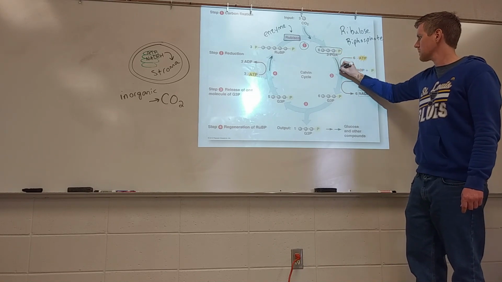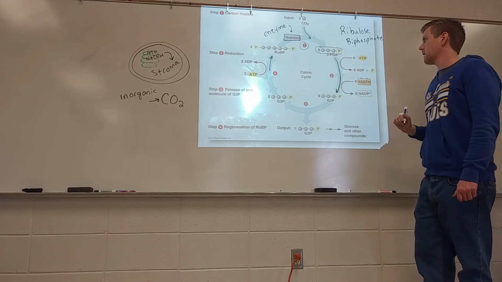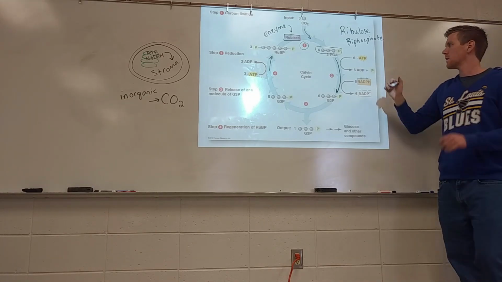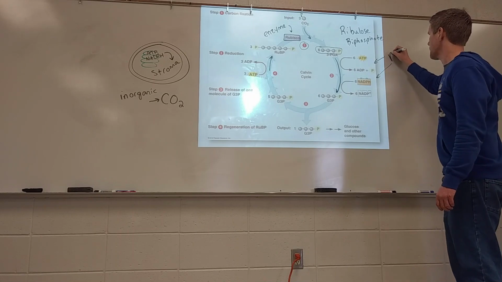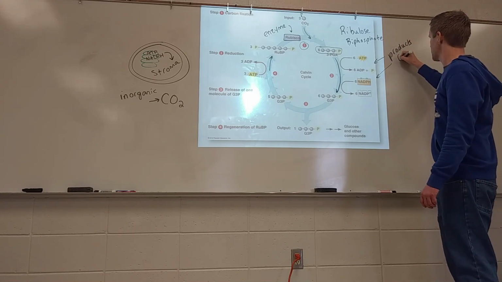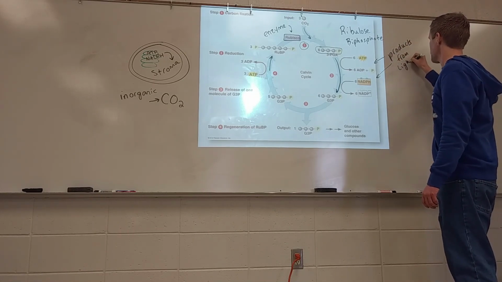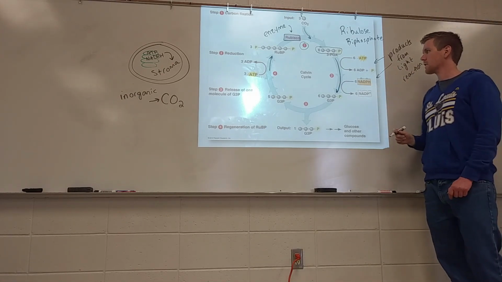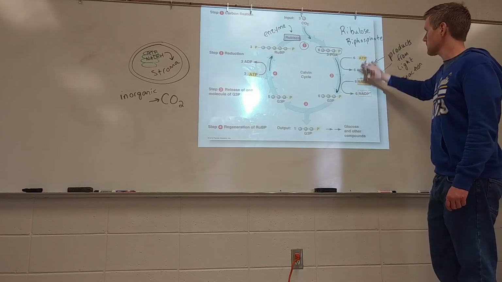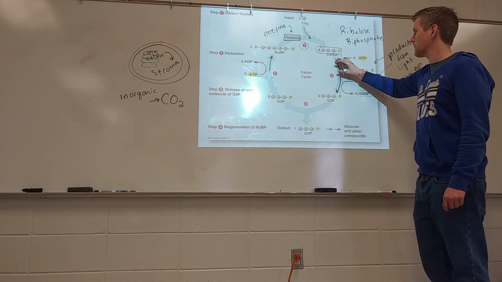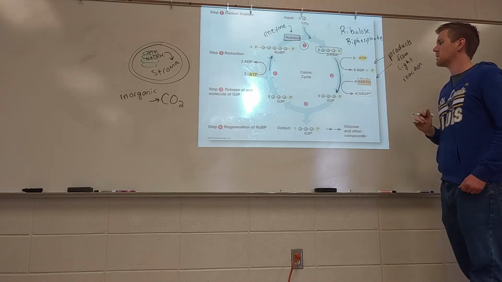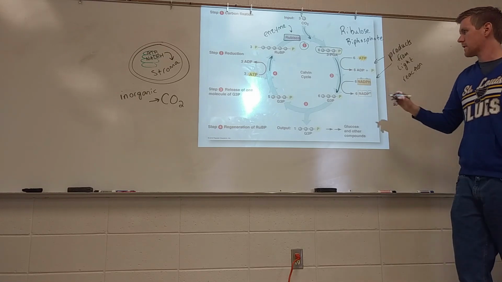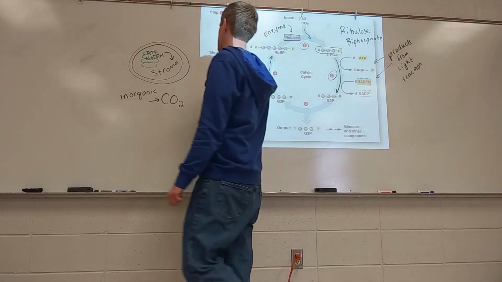The 6 molecules of PGA, they're the ones who are going to be energized using our products from the light reaction. So if you remember, in the light reaction, we produced ATP and then NADPH carried some electrons. Those both have a lot of energy, and they release it and change our PGA molecules into 6 molecules of G3P. The technical name for this step is called reduction.